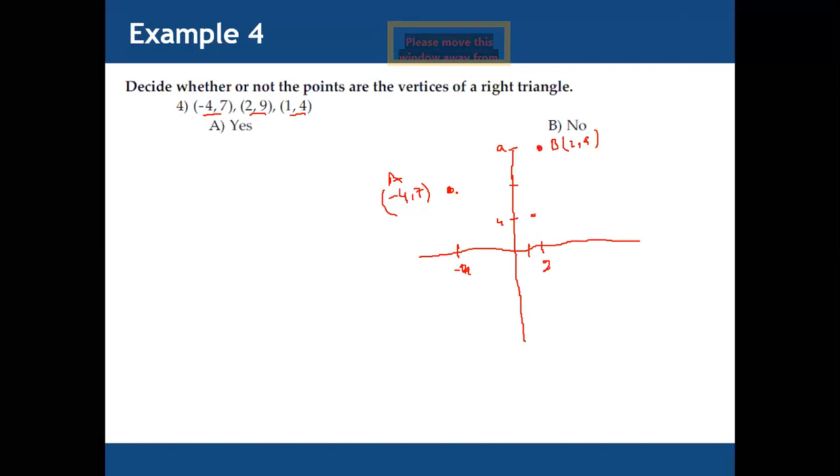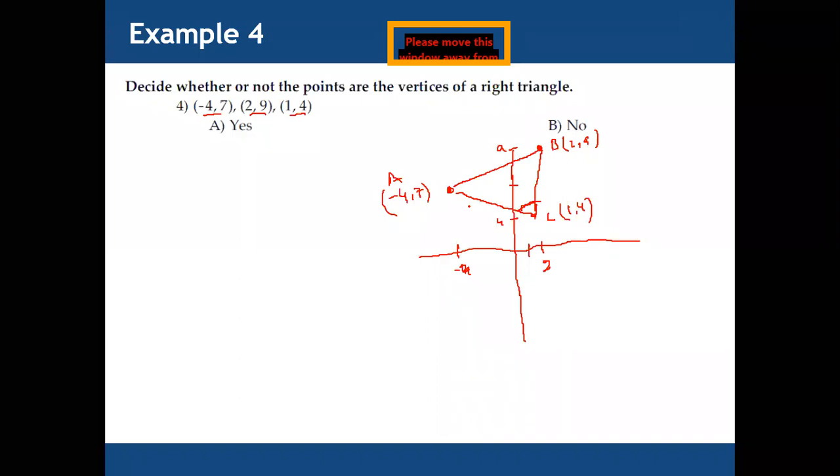So if we join these 3 points, this is a right angle triangle. Let's suppose this angle is 90 degree. So A, B, and this one is C, where C is equal to 1 and 4.